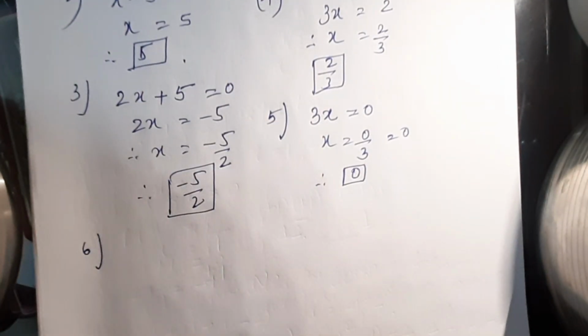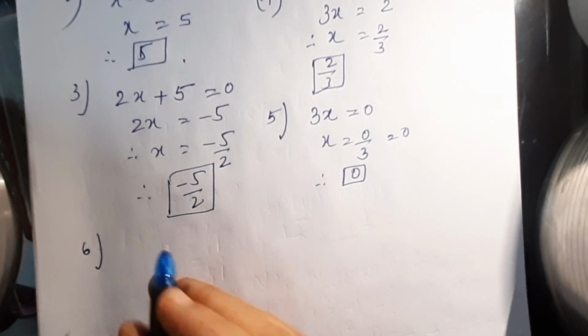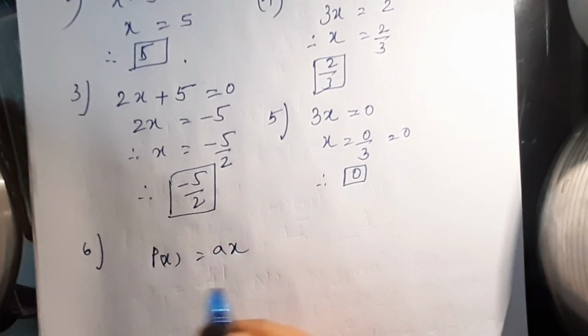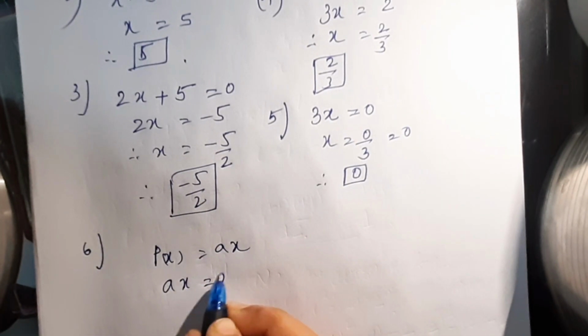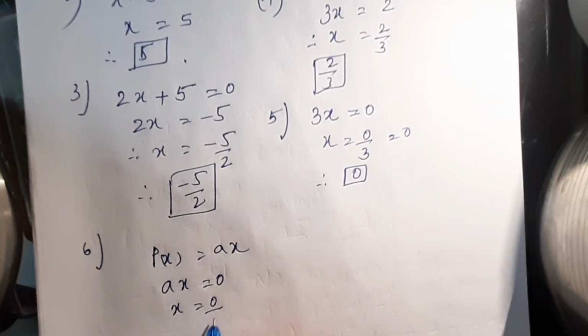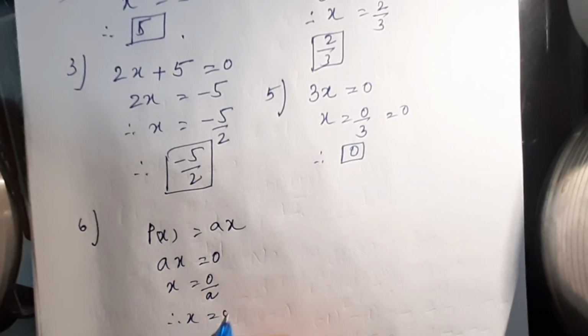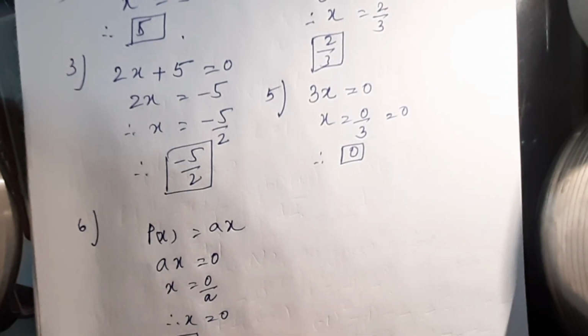Now the sixth question. It's given P of x is ax. So directly we are going to compare ax with 0. Thus x is 0 upon a. If we divide 0 by any number, the answer will be 0 only. Therefore x is 0. 0 is the 0 of the polynomial.